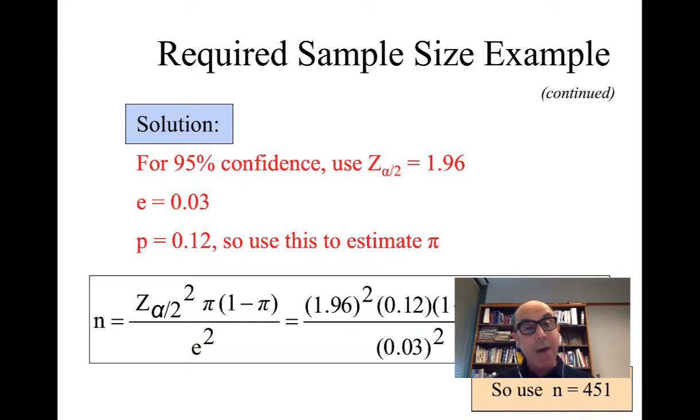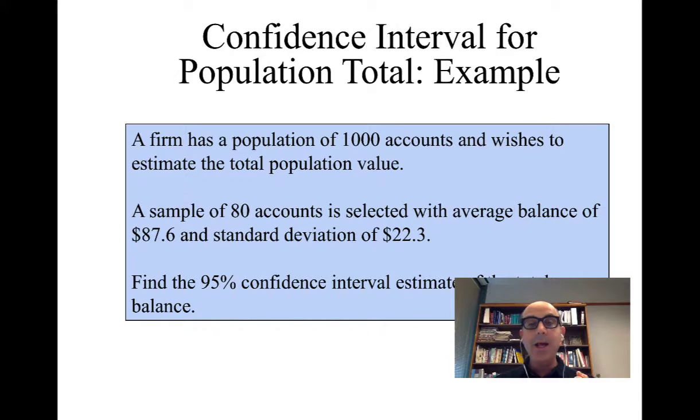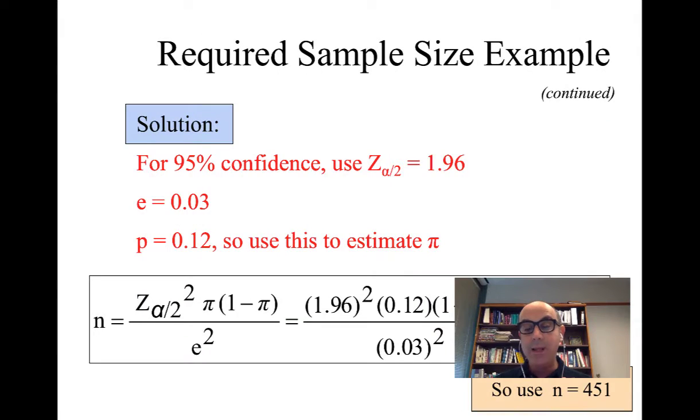I do not make up things. So 1.96 squared multiplied by 0.12 multiplied by 1 minus 0.12, divided by 0.03 squared, will give us that n is 451, and this is what we will need.